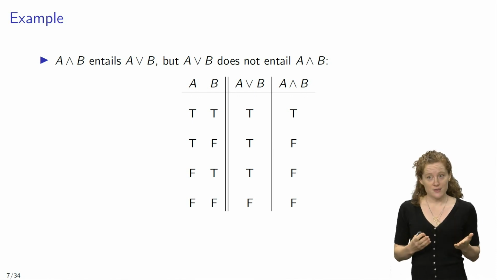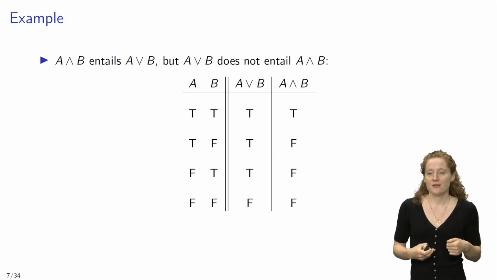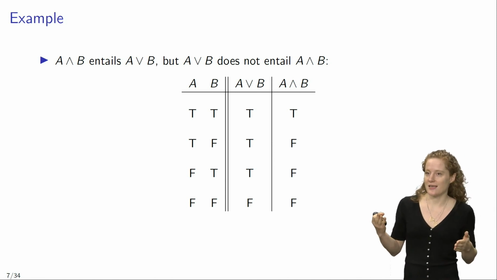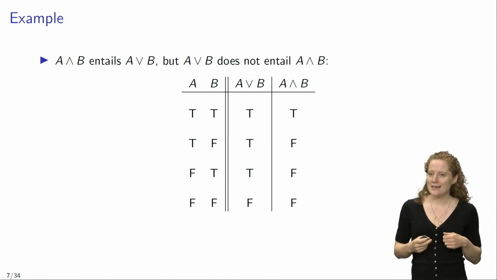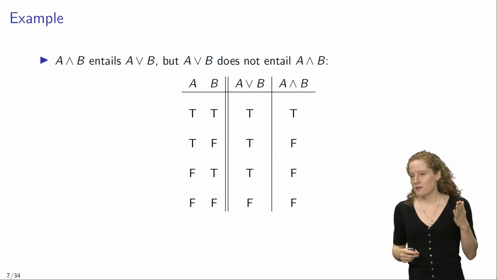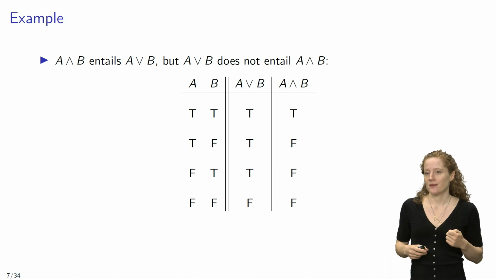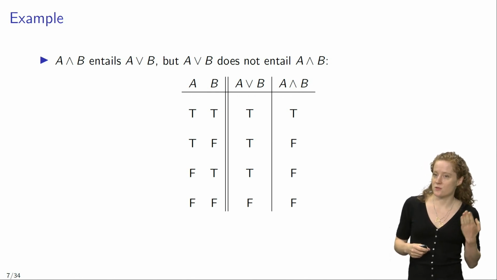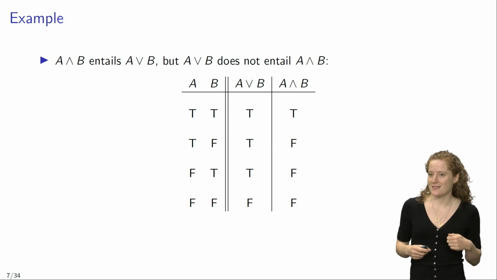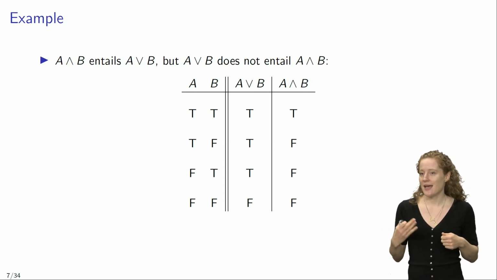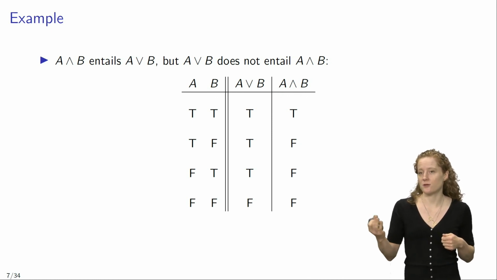Now, the reverse does not hold. The disjunction A or B does not entail the conjunction A and B. Why is that? Well, let's look, for example, at the second row of this truth table. In the second row, you see that the disjunction A or B is true, given that the first disjunct A is true, but the conjunction A and B is false, because the second conjunct B is false.